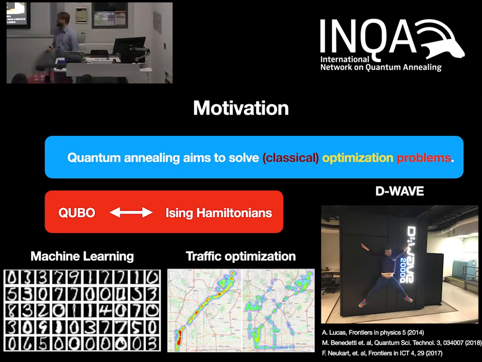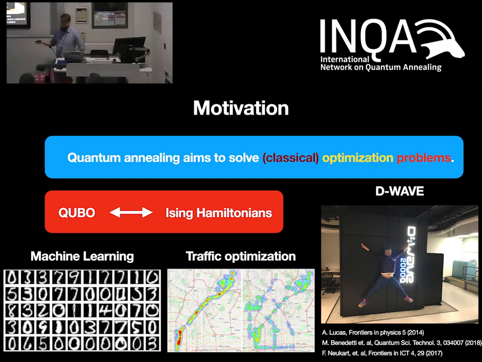So the main motivation is the definition of quantum annealing, which aims first to solve classical optimization problems. Why are we interested in classical? Because we have D-Wave. This is me jumping next to D-Wave at NASA. D-Wave solves Ising or qubit problems that maybe are not the most general quantum ones, since it's a classical problem, but it exploits some quantum effects and tries to arrive at better results.